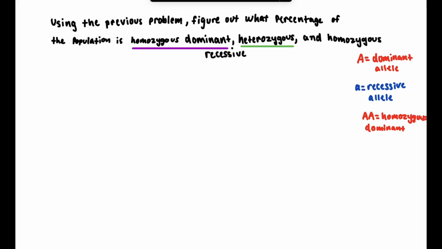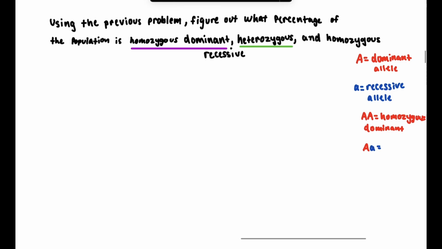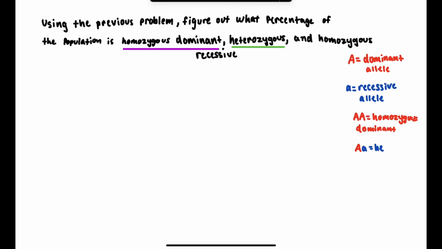So that's big A and little a. And we know that homozygous recessive is when you only have the recessive allele, which is little a little a.